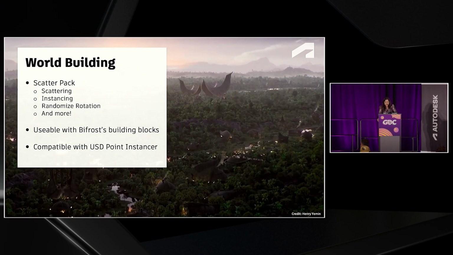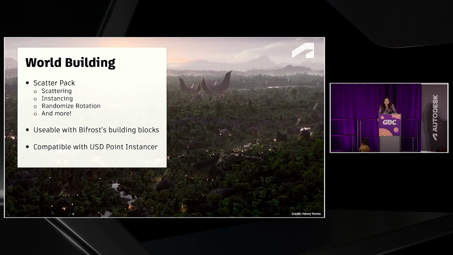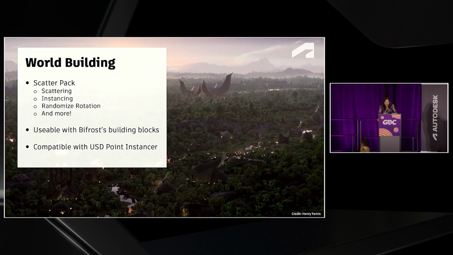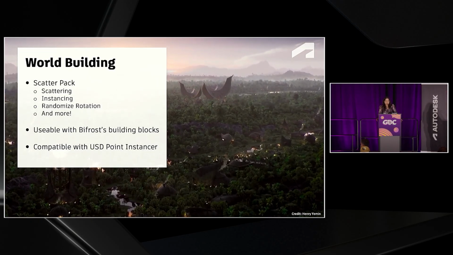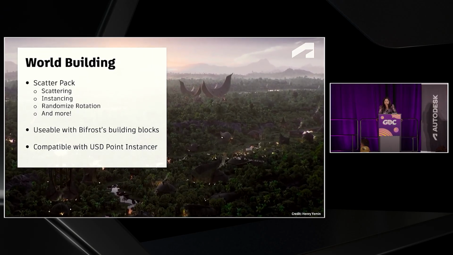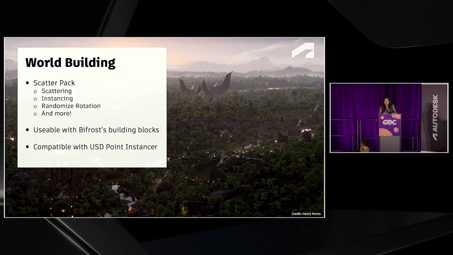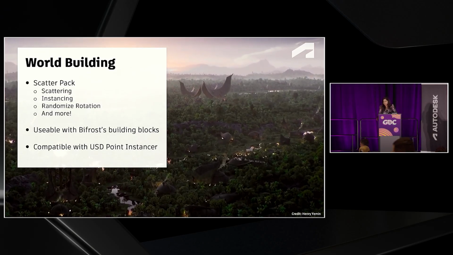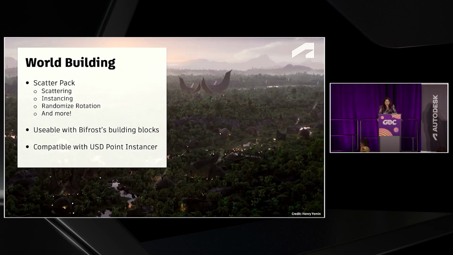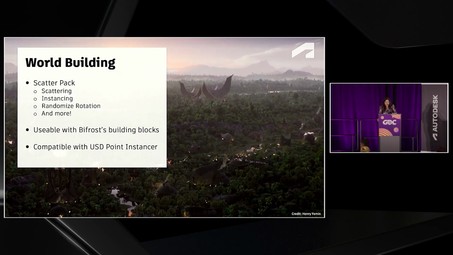So let's talk about some core features now. First up, we have procedural world building. For building large, complicated environments like forests and city blocks, we have something we call ScatterPack. ScatterPack is a collection of high-level compounds to do things like scattering points, creating instancing, randomized rotation, and a lot of cool tools like that.